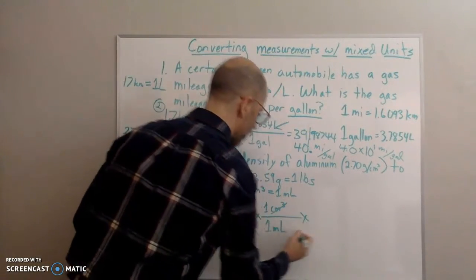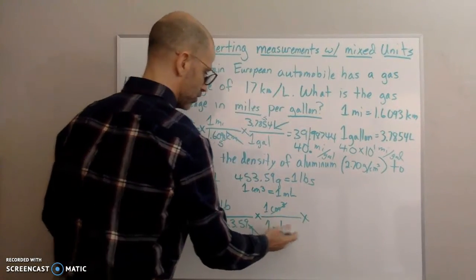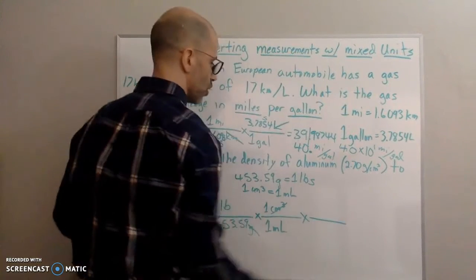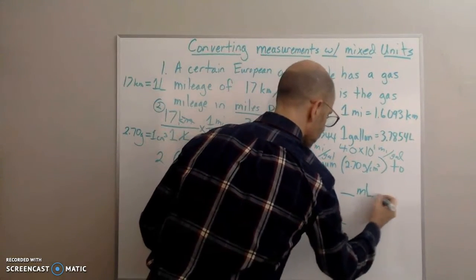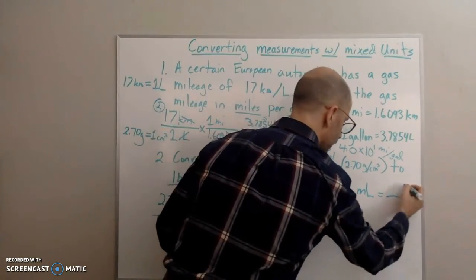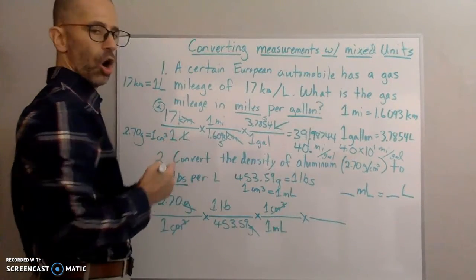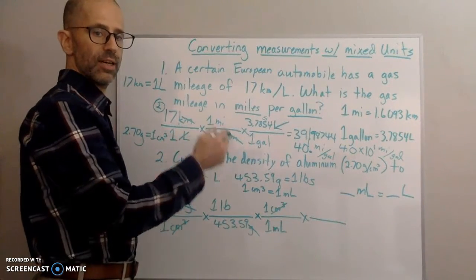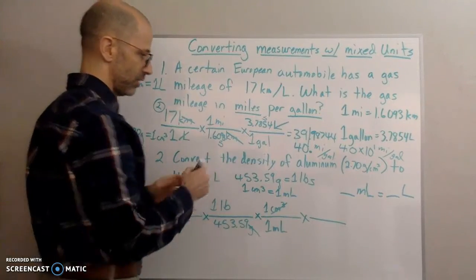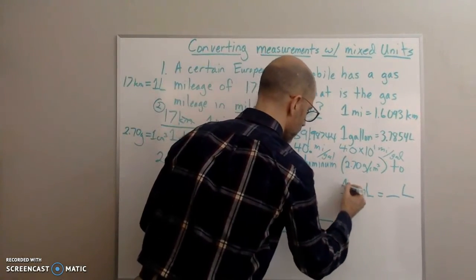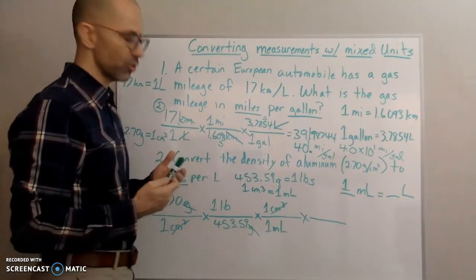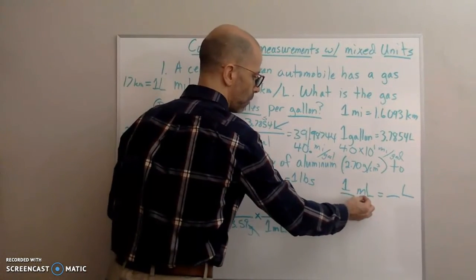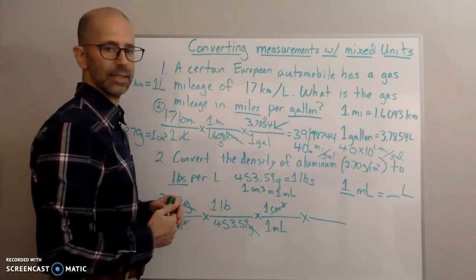And then now I can do milliliters to liters. So again, if you're not sure of the relationship, always put the 1 with the unit that has the prefix, and then the unit multiplier. So you need to know the unit multiplier. The unit multiplier for milli is 10 to the negative 3.